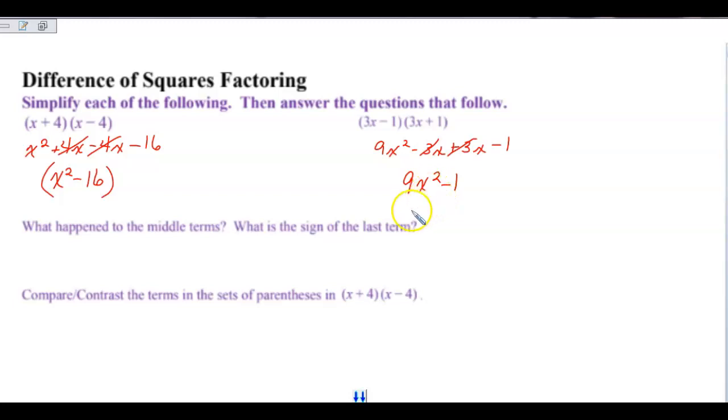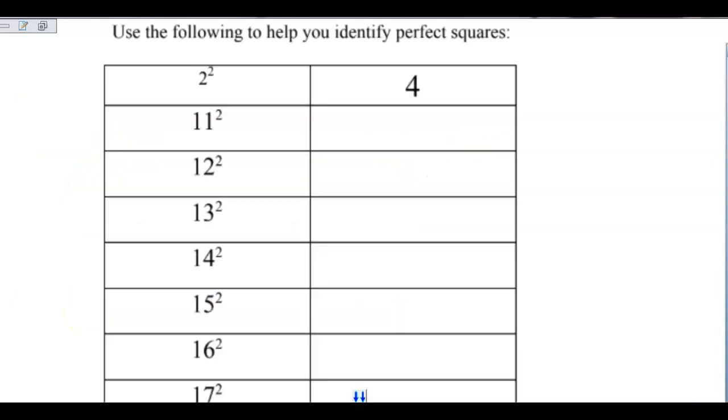So when we're doing these, they are called perfect squares in binomials. We know that we have perfect squares in our numbers because we can find our perfect squares. And you'll notice in your notes that I gave you some perfect squares that go all the way down to 15 squared.